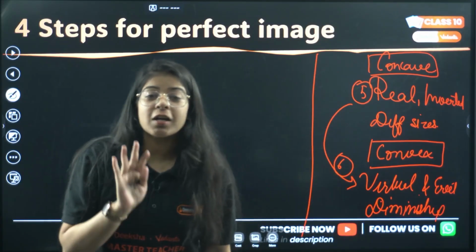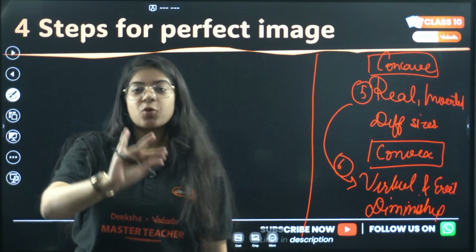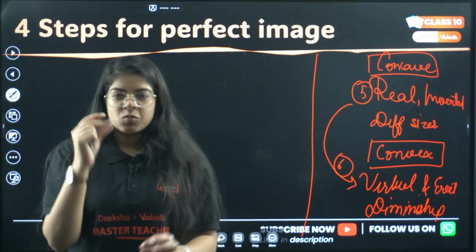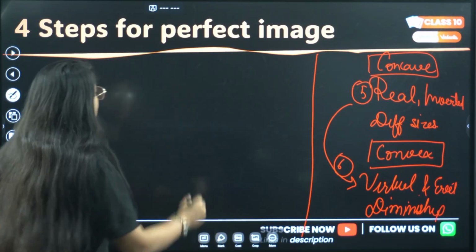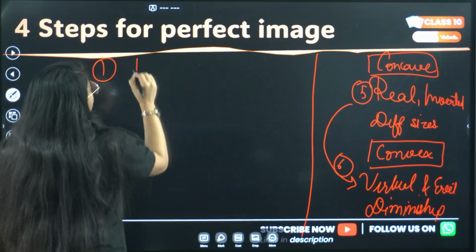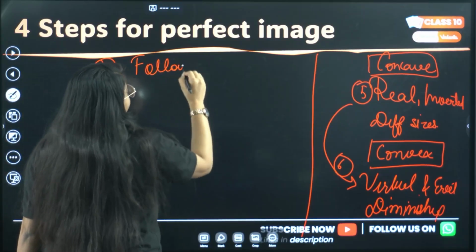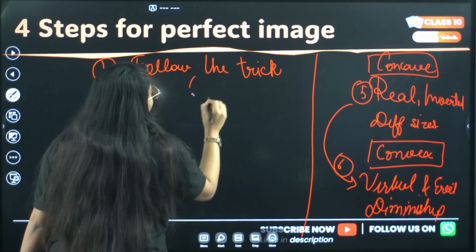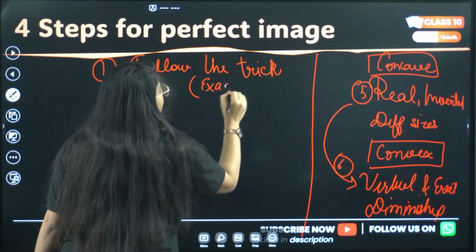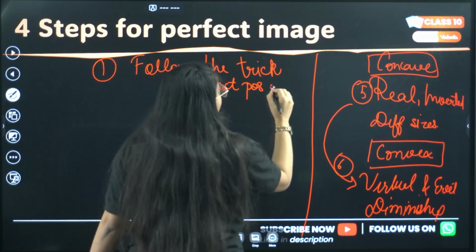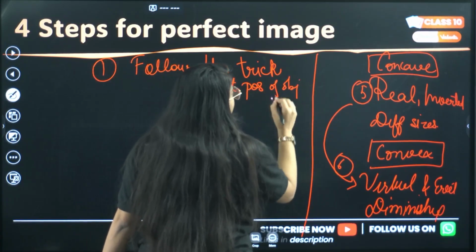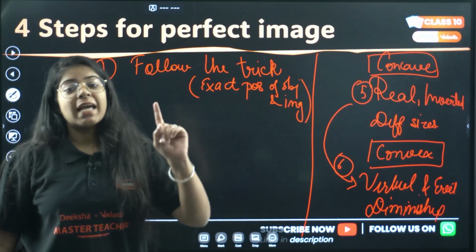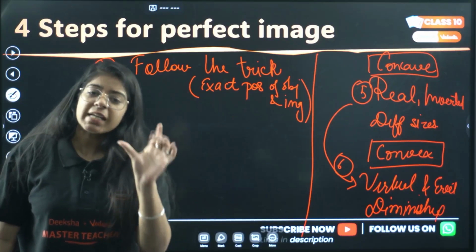Now I will tell you four short, right-approached, basic steps that you need to know to make your ray diagrams crisp and clear. First, follow the trick. It will tell you the exact position of object and image.